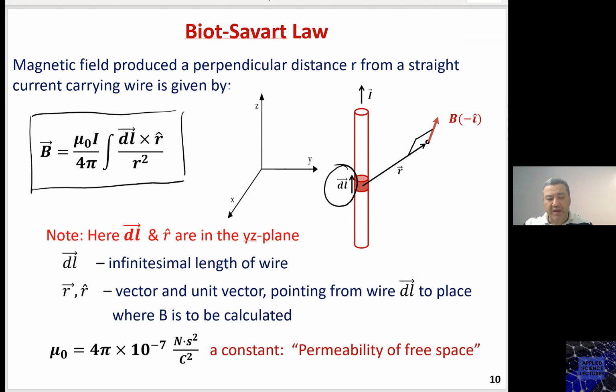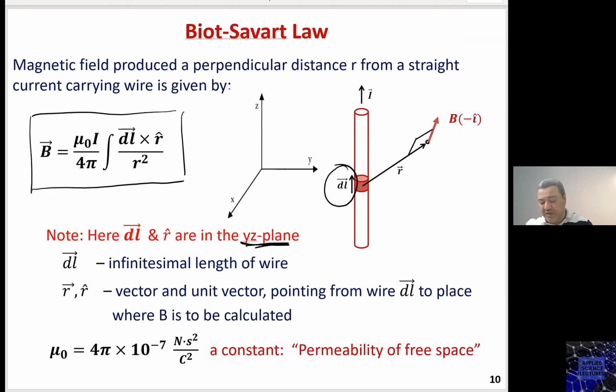The r vector and my dl vector, they are both in the yz plane. And in this case, due to the cross product between my differential element dl and the unit vector of r, the magnetic field has to be perpendicular to that plane.